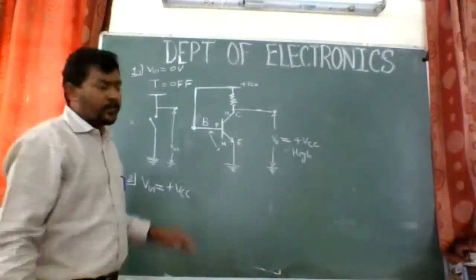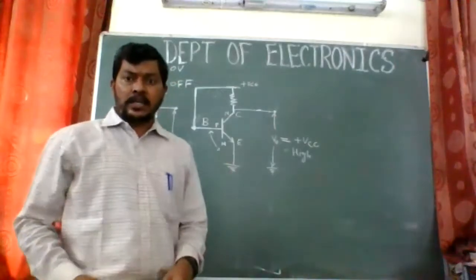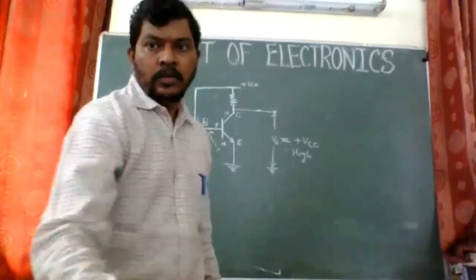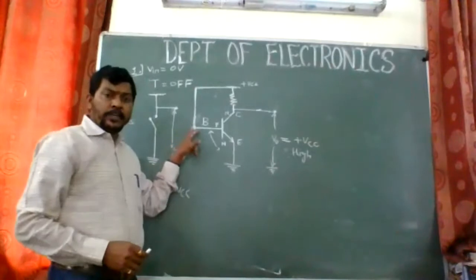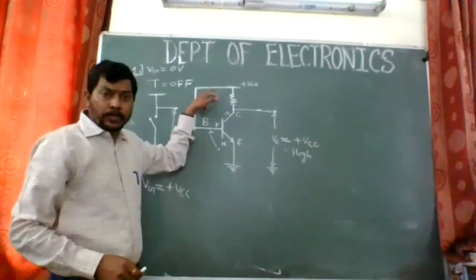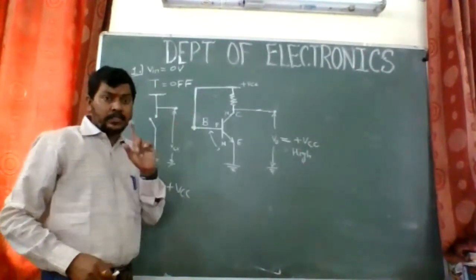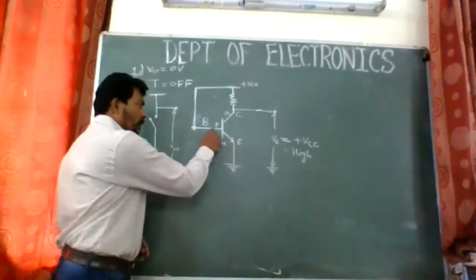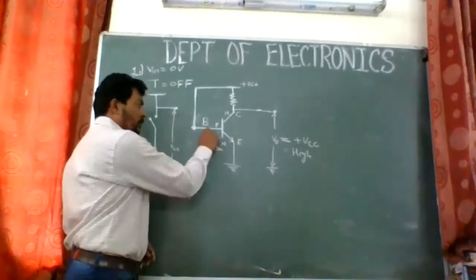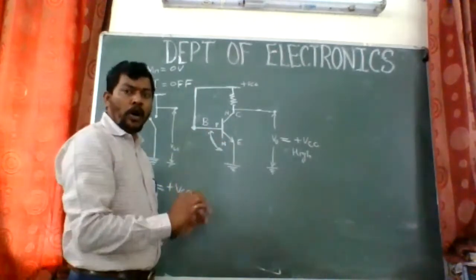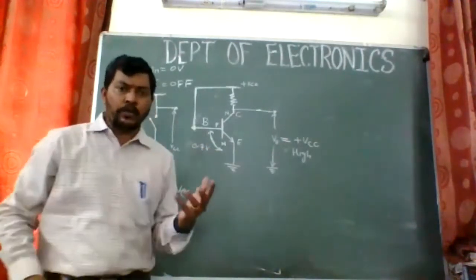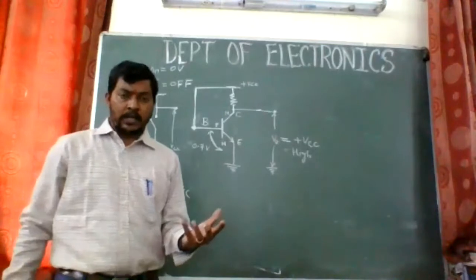Now what happens? As soon as the base of the transistor is connected to the positive supply, which implies that this positive supply may be more than 0.7 volts, this PN junction diode, which requires a minimum of 0.7 volt for conduction, right?